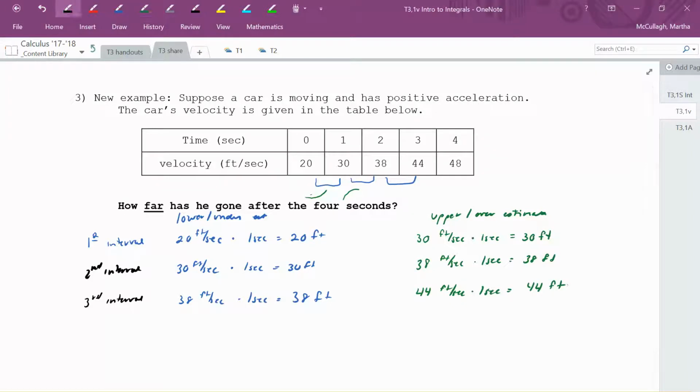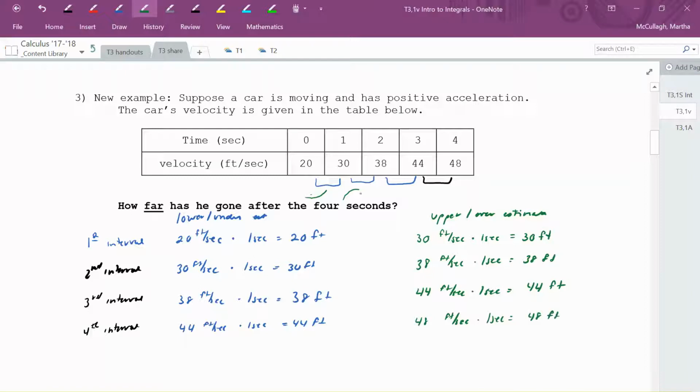And our last interval, our fourth interval, which is from t equals 3 to t equals 4, the slowest that the car went during that interval is 44 feet per second for 1 second. 44 feet per second times 1 second gives us 44 feet. Or the fastest that it went during that interval is 48 feet per second, so 48 feet per second for a 1 second interval is 48 feet.